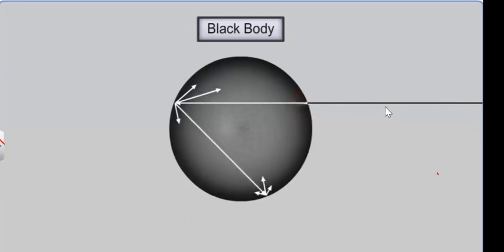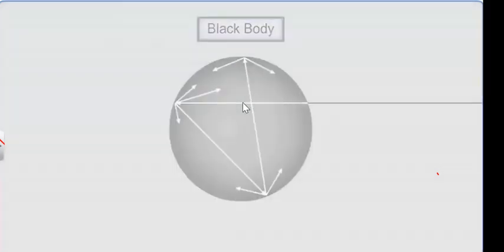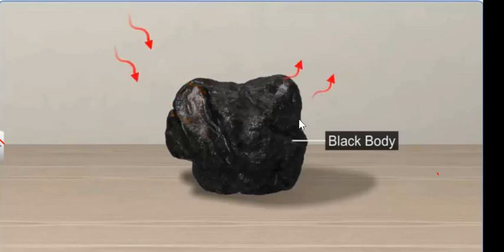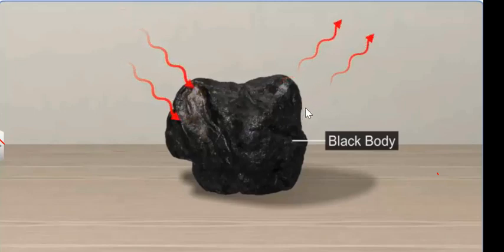So that means 100% absorber. When you keep it on a hot surface, then the total light is emitted. 100% light is emitted by this body. This is called a black body. The color is also black. Platinum coating was there, so it is completely black in color.